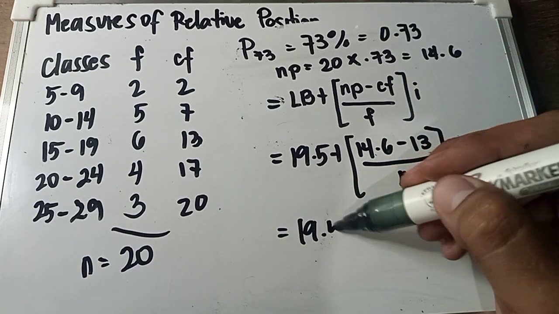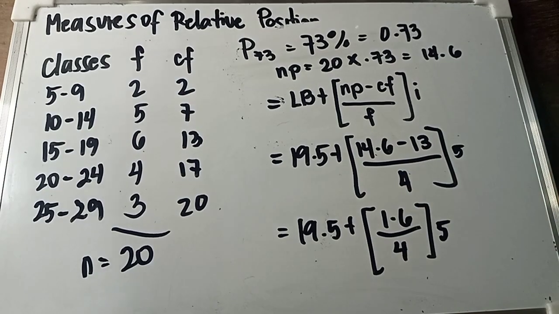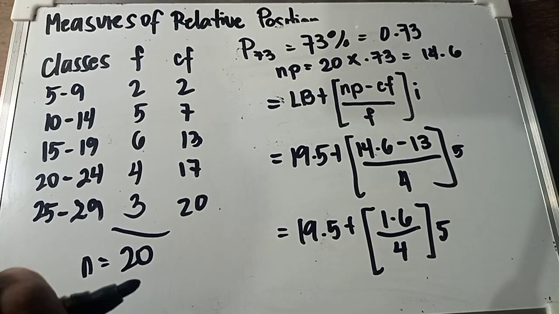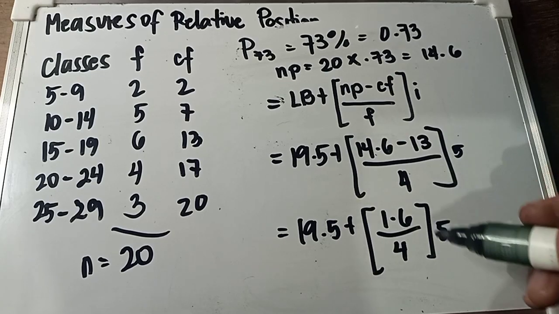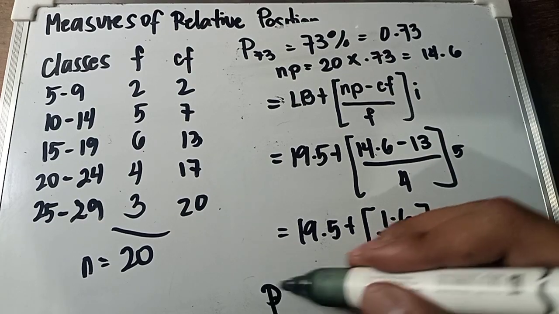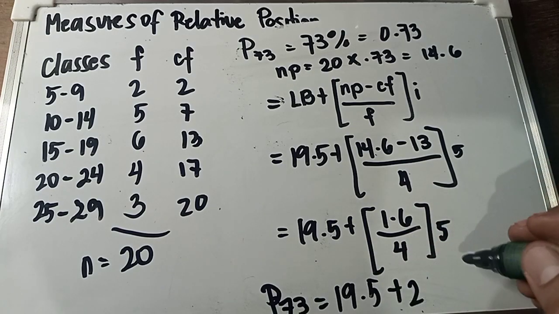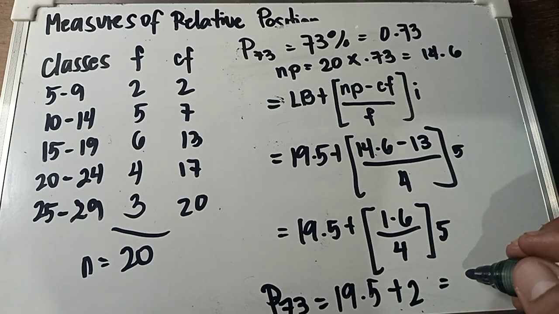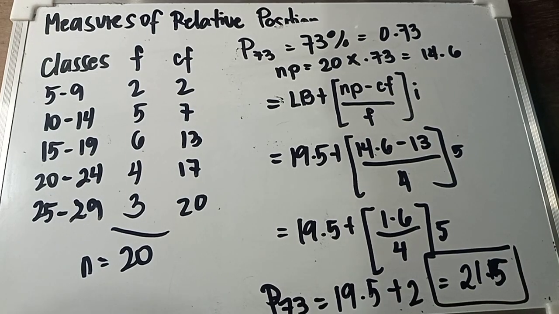Your lower boundary, hanapin mo yung lower limit, which is 20, mag-minus ka doon ng 0.5, that will be 19.5. Your NP, substitute, 14.6 minus CF, the less than cumulative frequency, that's 13, over 4. Then the interval is 5. So 19.5 plus 1.6 over 4 times 5. Let's solve. 1.6 over 4 is 0.4, times 5, that will be 2. So your P73 is equal to 19.5 plus 2, is ilan? 21.5. It is your final answer, 21.5.